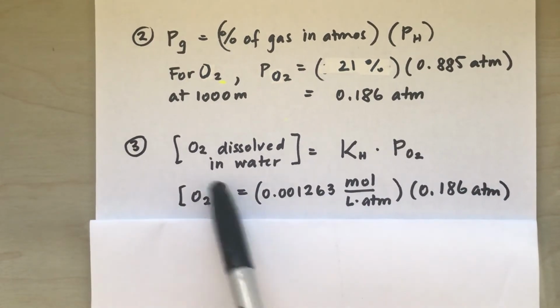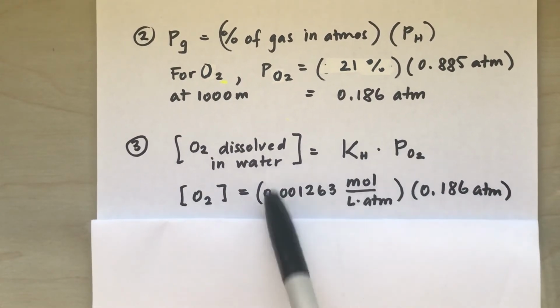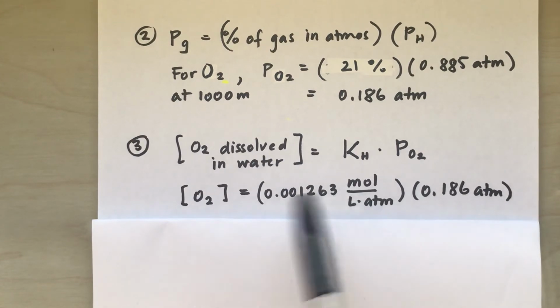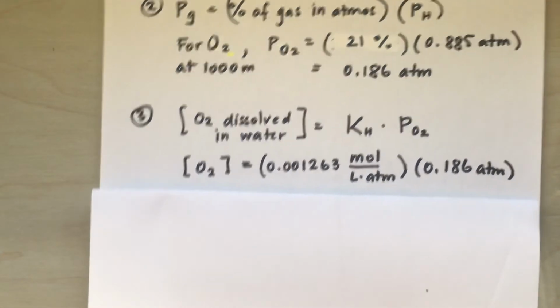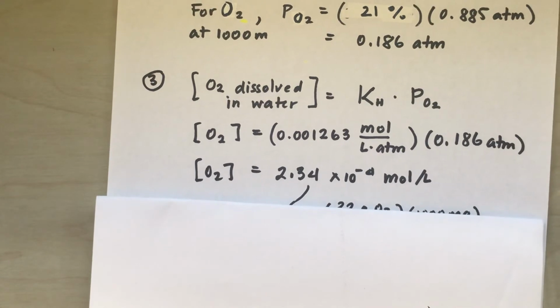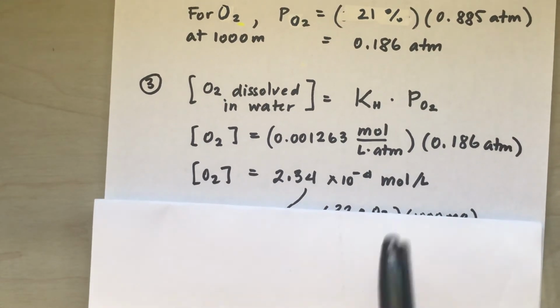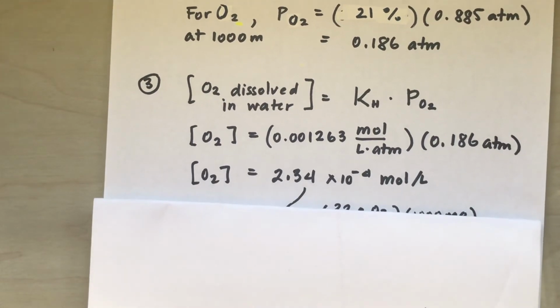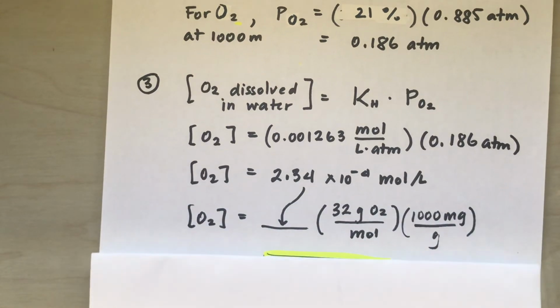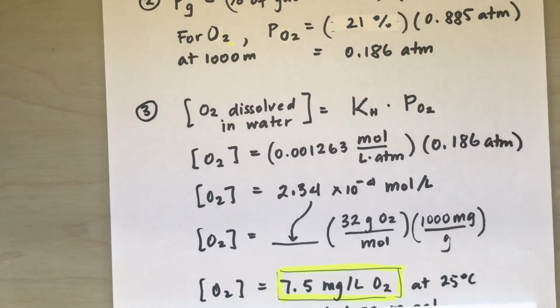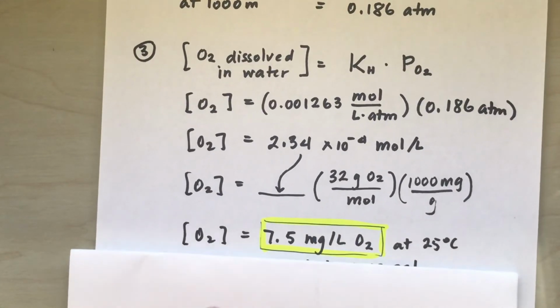The concentration is what we're looking for. This is Henry's gas constant specific to oxygen at 25 degrees Celsius. We find that the concentration in moles per liter is 2.34 times 10 to the -4th.